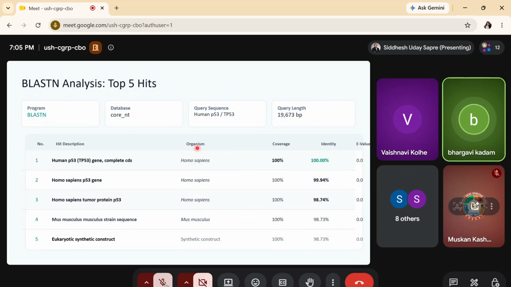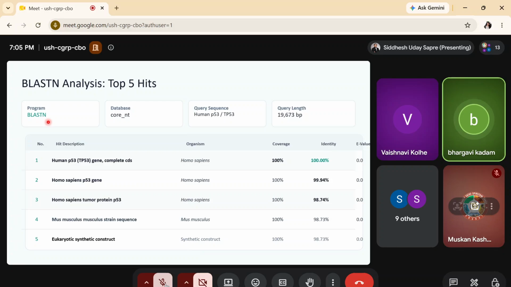Yeah. So once we confirmed the correct TP53 sequence, the next step was to perform the BLAST analysis. As we all know, BLAST is the Basic Local Alignment Search Tool. It compares our query sequence with millions of sequences stored in the NCBI database to identify similar sequences.